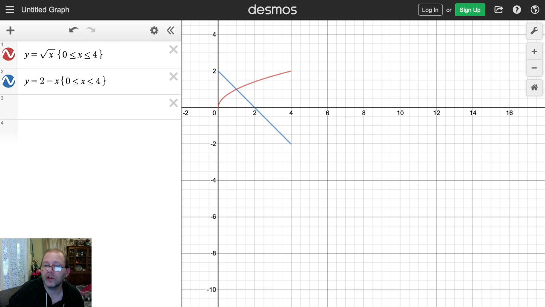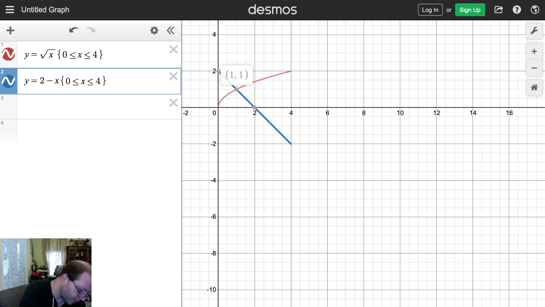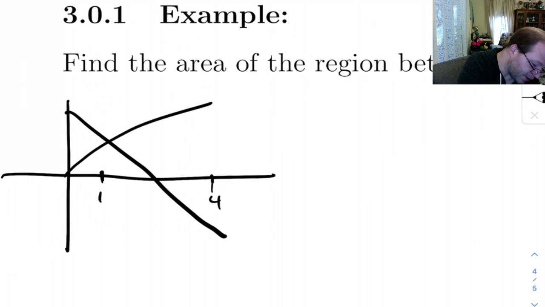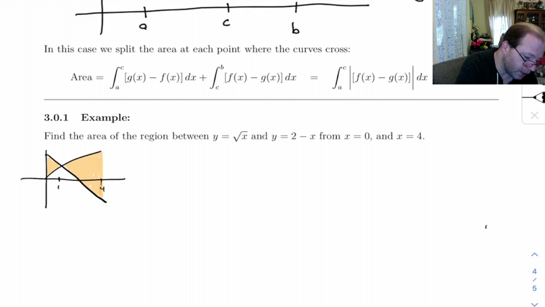And notice where they cross right there at 1, 1. So let's come back over here and just sketch that down. So I'm trying to find this area and this area. All right.